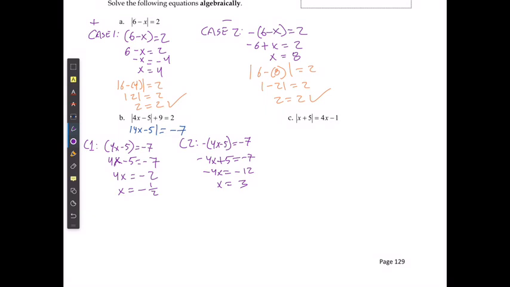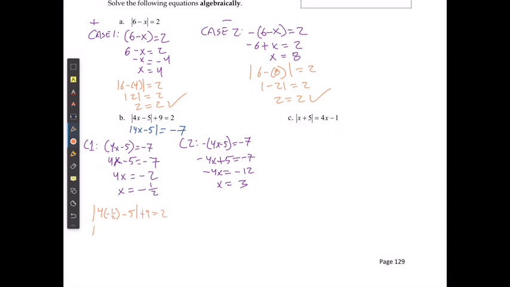Now I need to test these possibilities. So for the first one, I have the absolute value of 4 times negative 1 over 2, minus 5, plus 9 is equal to 2.